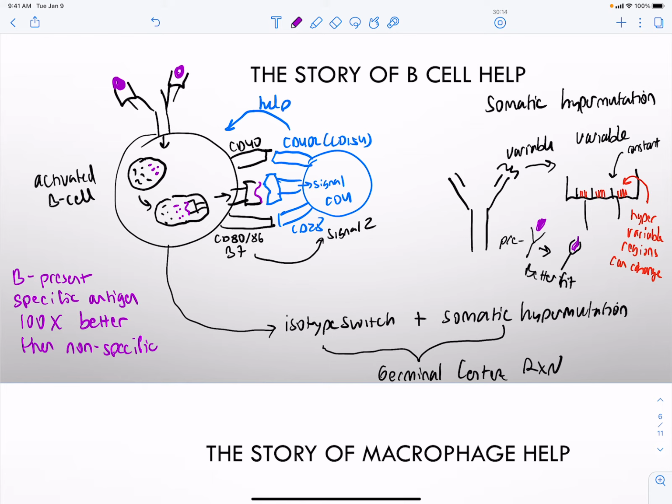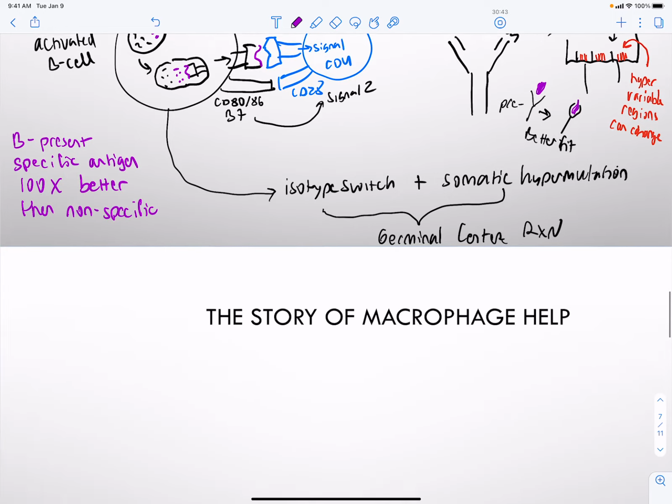And so it's really the CD4 T cell that's specific for the same antigen that the B cell is specific for that is going to help that B cell. That's how you control it: a flu B cell will be helped by a flu-specific CD4 cell, and a cold B cell will be helped by a cold-specific CD4 cell. A tuberculosis B cell by a tuberculosis-specific CD4 cell. And so that's how they make it that specific.